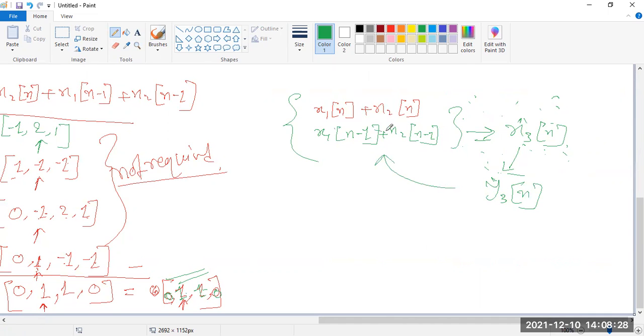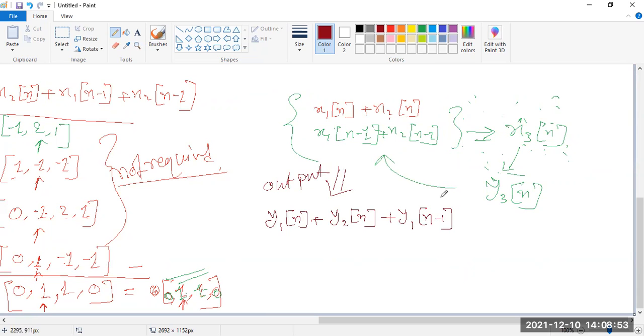If I put x1, its output is y1 of n, x2 gives y2 of n, and x1 shifted gives y1 of n minus 1, that is y2 of n minus 1 also.